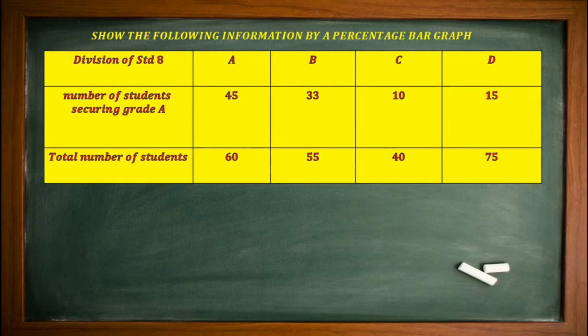In A division, 45 of 60 students got grade A; in B division, 33 of 55 students got grade A; in C division, 10 of 40 students got grade A; and in division D, 15 of 75 students got grade A.